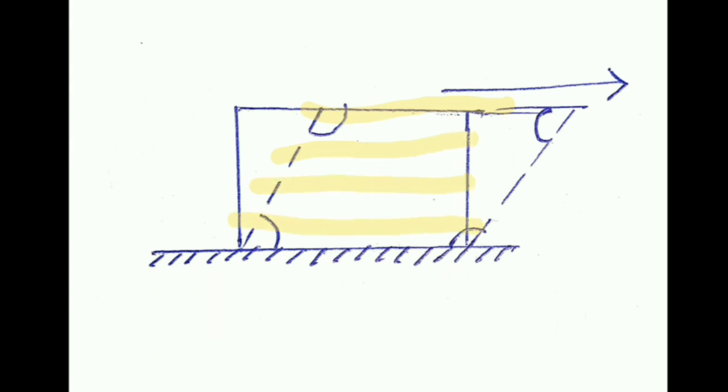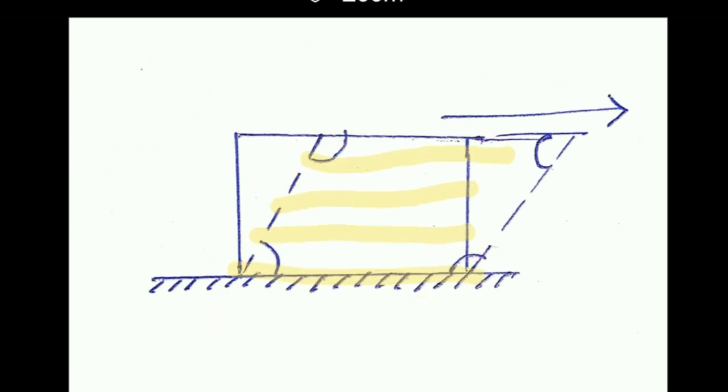So how can we define this shear stress? We can define it as the resistance due to force, which tends to cause the deformation by the slipping of these parallel planes. Okay, so that is how we can define it.